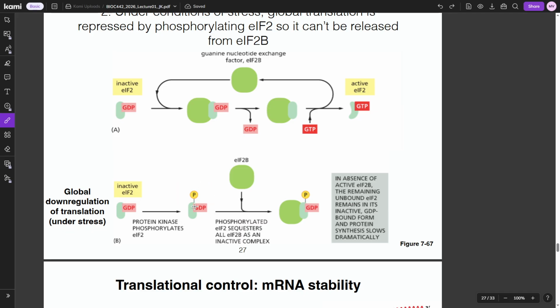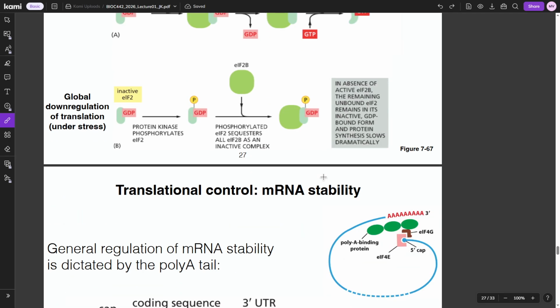That causes the EIF2B to bind so strongly to the EIF2 GDP with the phosphate that they just don't dissociate. Over time, all of these EIF2Bs are sequestered, and you can't regenerate any EIF2 GTP, and so you stop translation. This can be reversed by removing the phosphate group, but when there is a phosphate, it stops translation completely.